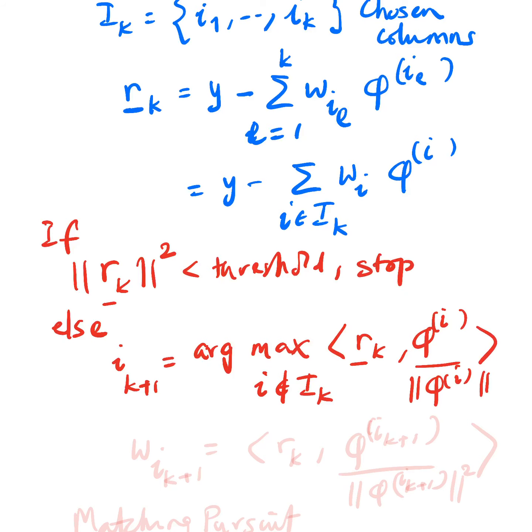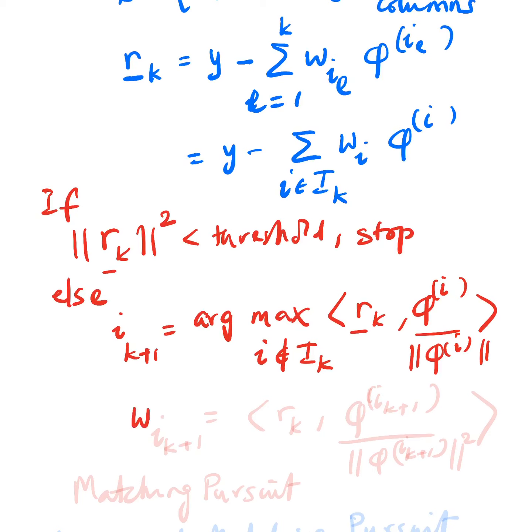And then my W of I k plus 1 is of course going to be my residual times phi I k plus 1, and then its norm squared there at the bottom, right?